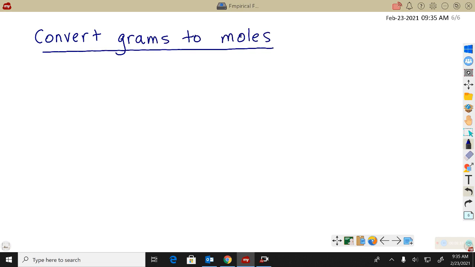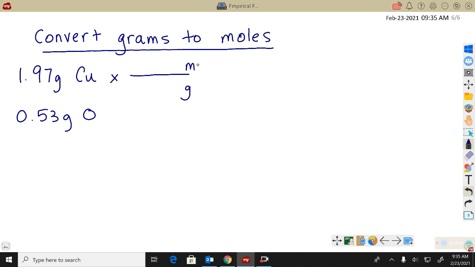All right, so this isn't bad. I take my grams of each: 1.97 grams of copper, and then I had 0.53 grams of oxygen. And then we'll convert those grams into moles. So I'll set up a proportion. We want to cancel grams. We want moles, a unit that represents a quantity of particles.